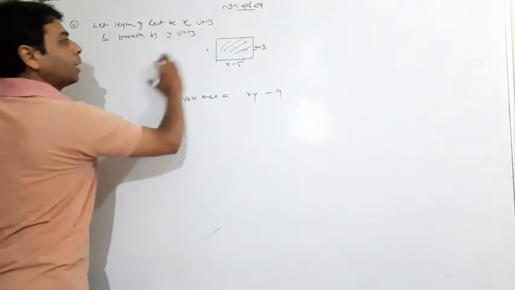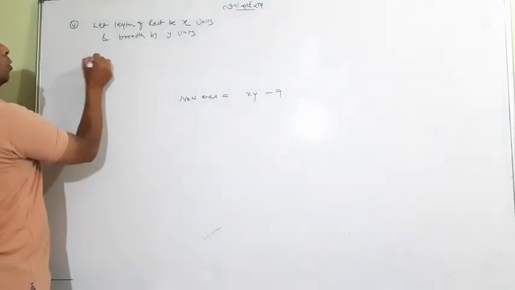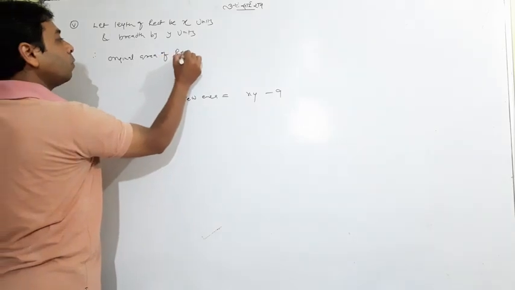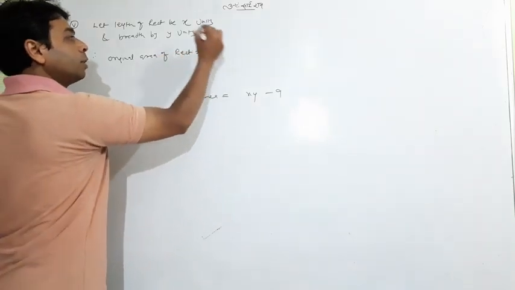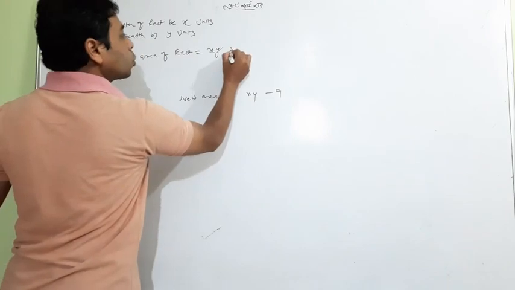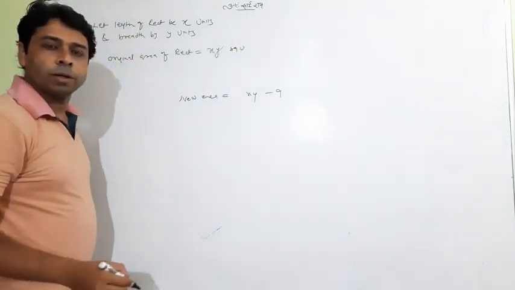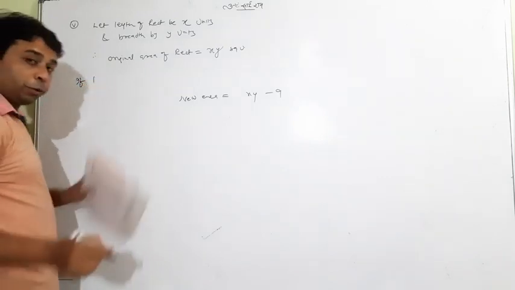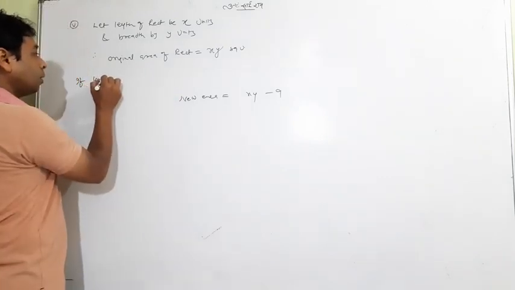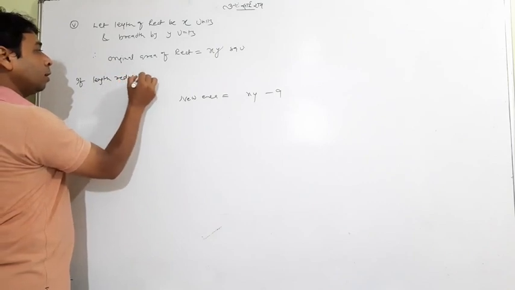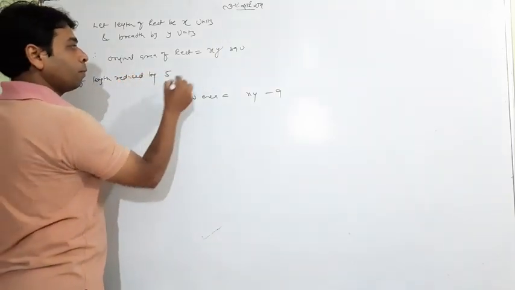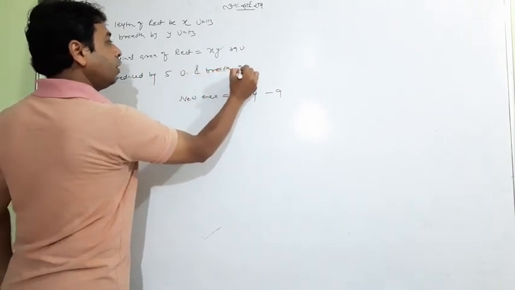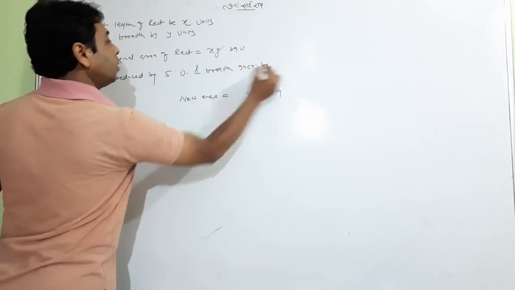First, you remember, the original area of the rectangle will be length into width, x into y, square units. This is the original area. Now, according to the question, the length is reduced by 5 units and the breadth increased by 3 units.